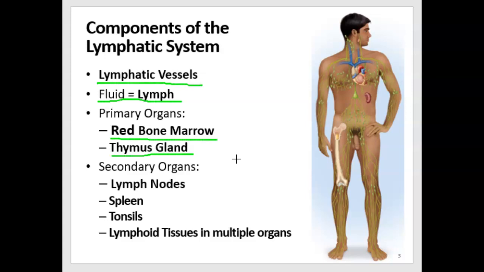So leukocytes present in the lymph nodes, the spleen, the tonsils, and lymphoid tissues in various organs will first encounter anything foreign that they can guard us against. Some locations of lymphoid tissue we'll discuss in the next lecture, but the intestine, the appendix, and parts of the respiratory system contain lymphoid tissue.